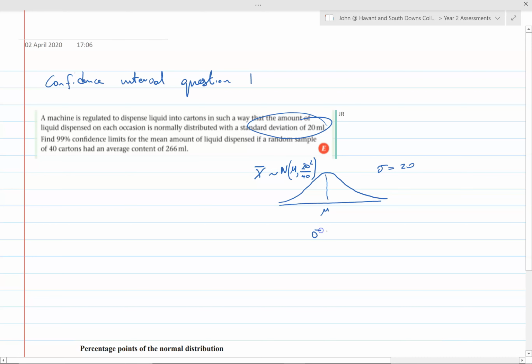So that gives a standard deviation of the square root of 20 squared over 40, which is 20 over the square root of 40. It's the standard error, sometimes called the standard deviation of x bar.